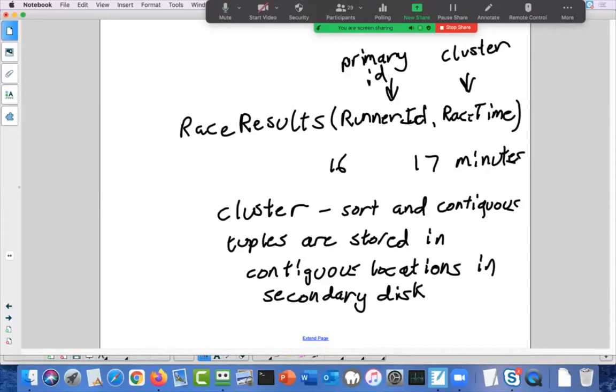So yes, we sort it on that attribute, and then the contiguous tuples are stored in contiguous locations.